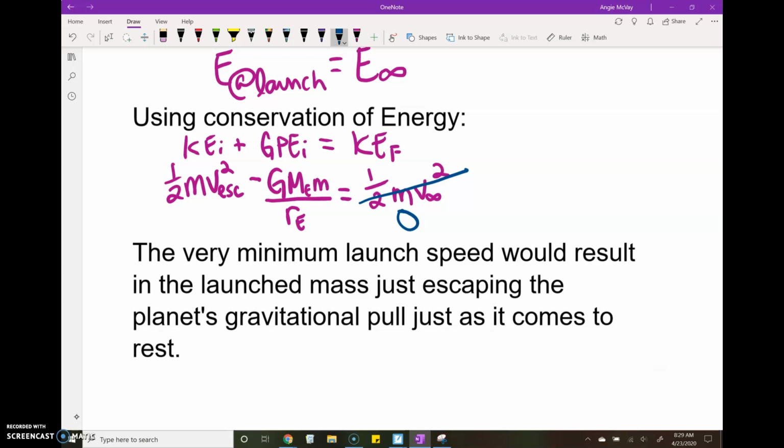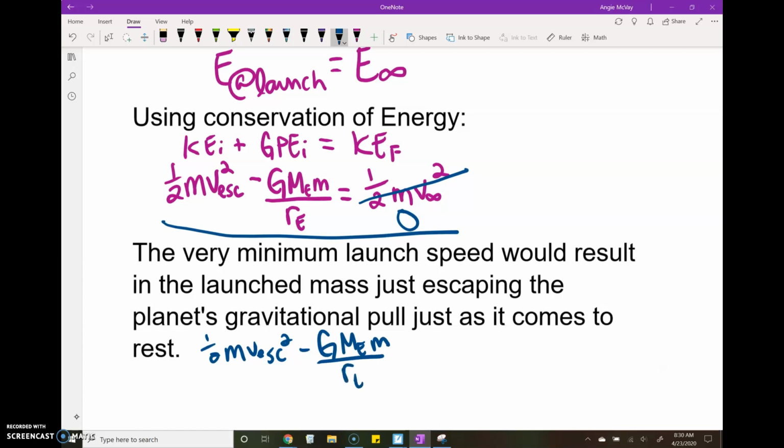Okay. So let's take this equation right here. Again, 1/2 m v escape squared minus G times the mass of the Earth times the mass of our object being launched over the radius of the Earth. That energy at launch must combine to equal 0.